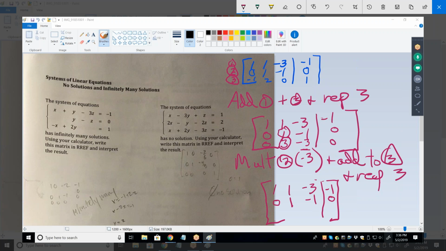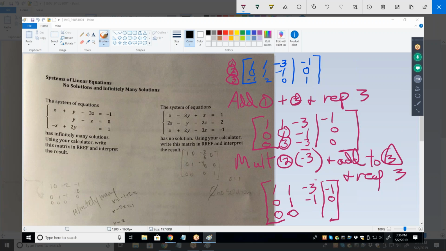Okay, now what do I get in row 3? Multiplying row 2 by -3 and adding it gives me a 0 there.